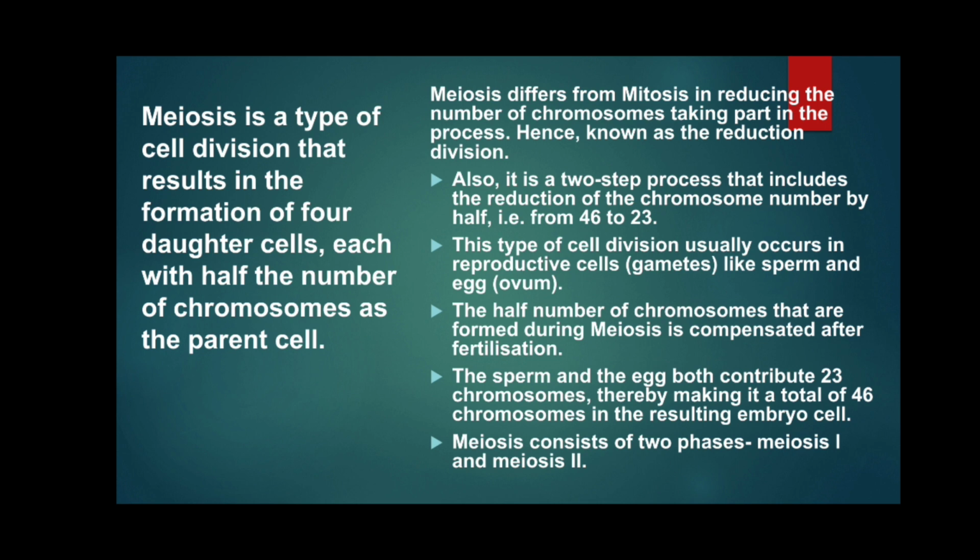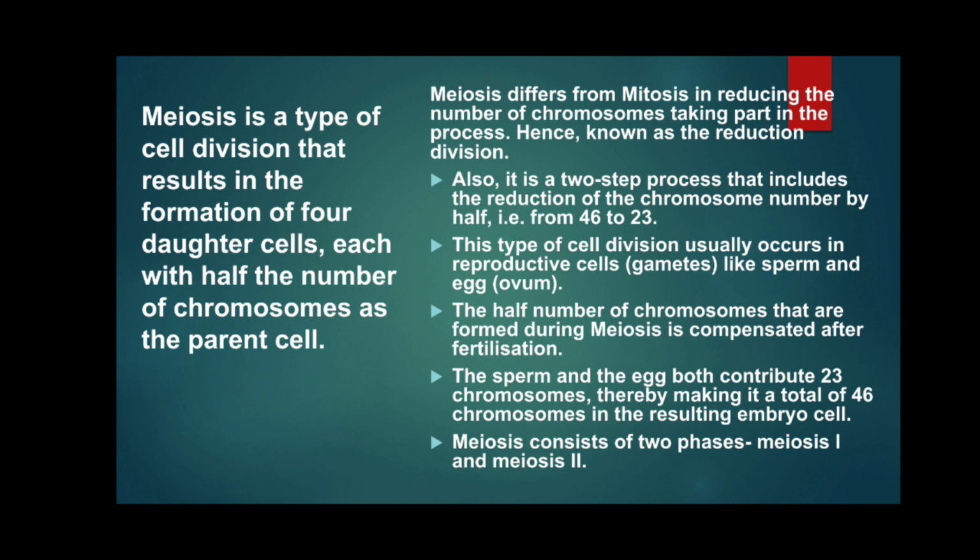When male gamete and female gamete unite, they achieve the exact number of chromosomes, that is 46, and this is the actual number of chromosomes acquired by the embryo.